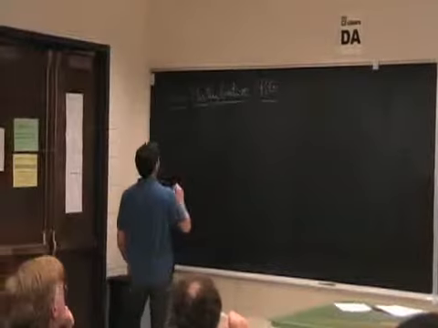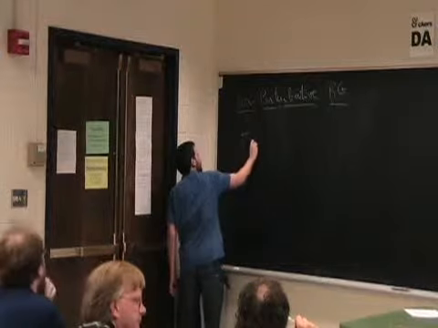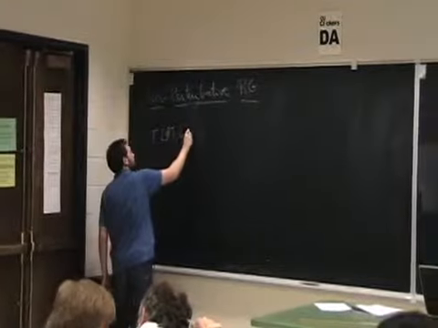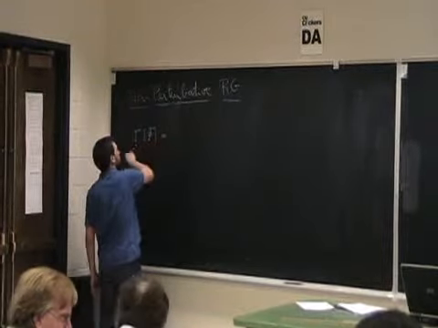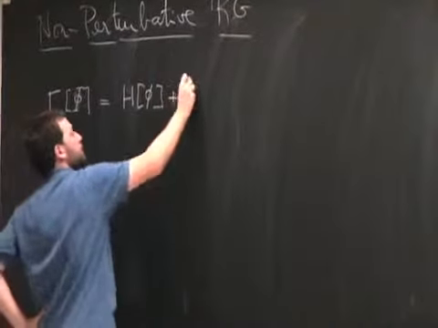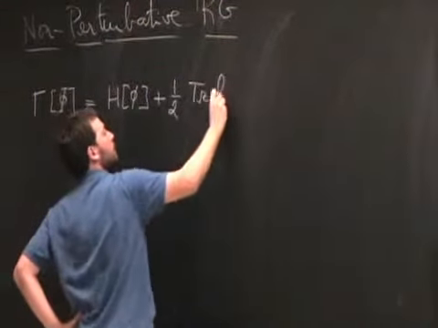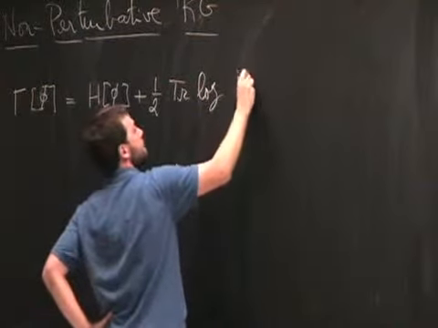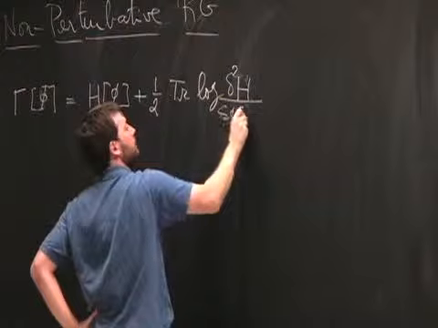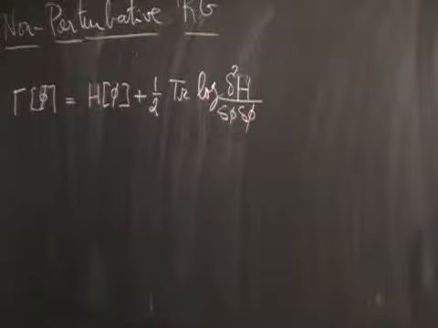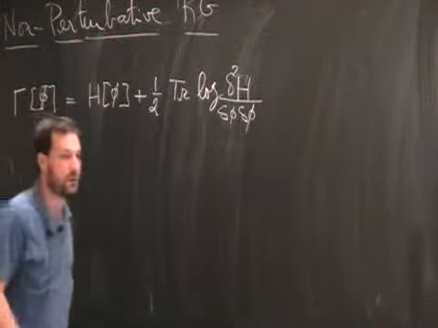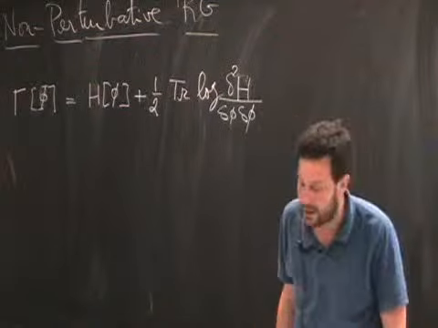But I want to recall two equations I wrote last time. The first one is the one-loop correction to the effective action, to the Gibbs free energy. It takes this form. Okay? And a particular case of this equation, I wrote a consequence of this equation for the susceptibility.